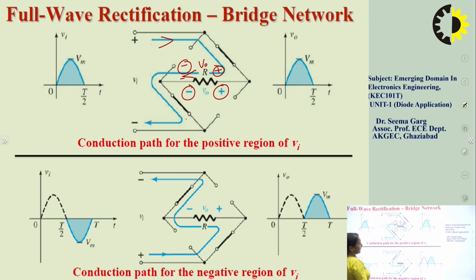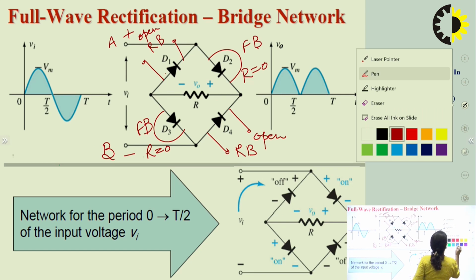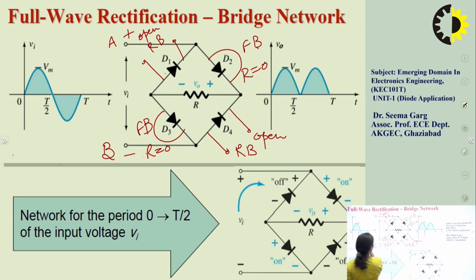Now, in the second half cycle, during the T by 2 to T time period, this terminal A will be at negative potential and B will be at positive potential. Because of these voltage polarities, diode D1 will be forward biased.